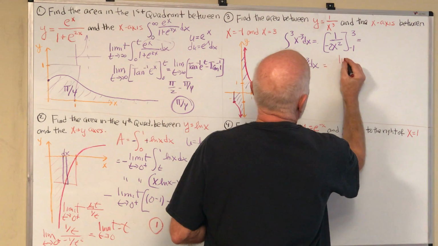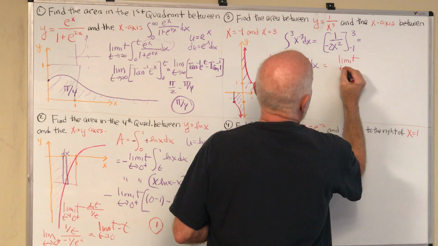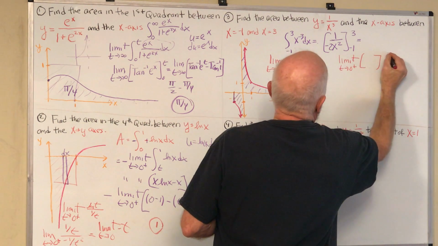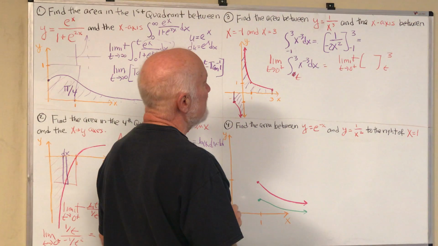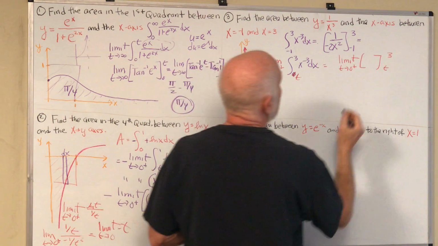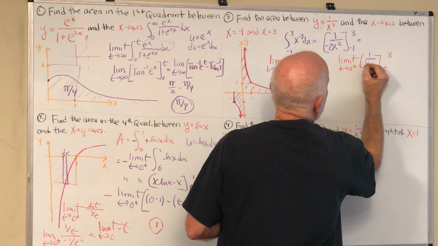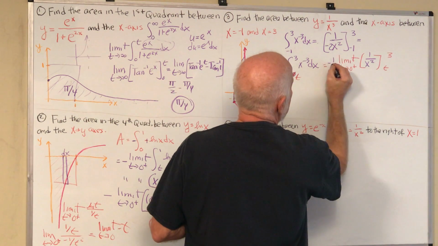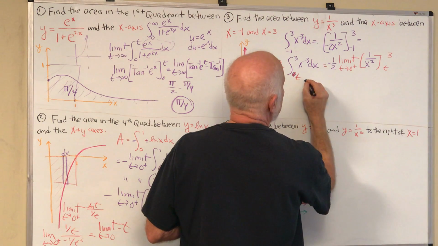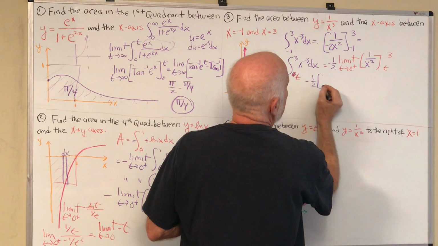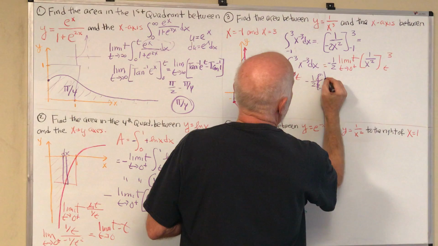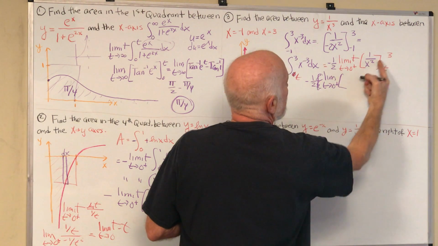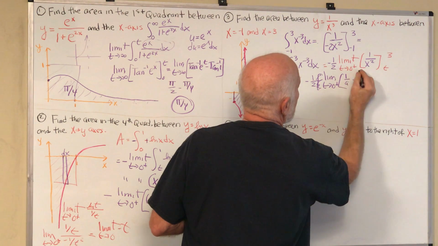Well, again, you're going to get the limit as t approaches 0. The antiderivative of x to the negative 3 is x to the negative 2 divided by negative 2. You put that out front. The limit as t approaches 0, and you get 1 over 9 minus 1 over t.